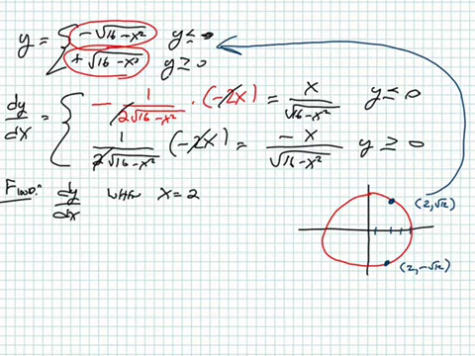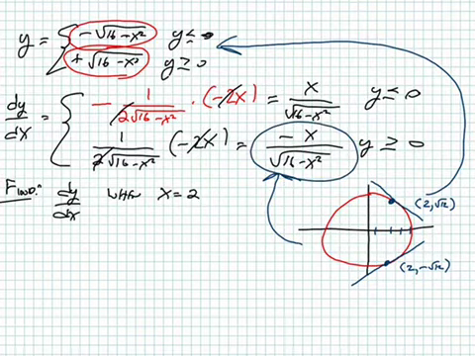So what I want to do is find these two slopes, the slopes of the tangent lines at these points. And to do so, I look at my derivative equation, which is right here. For the top piece, I'm going to use this derivative here.